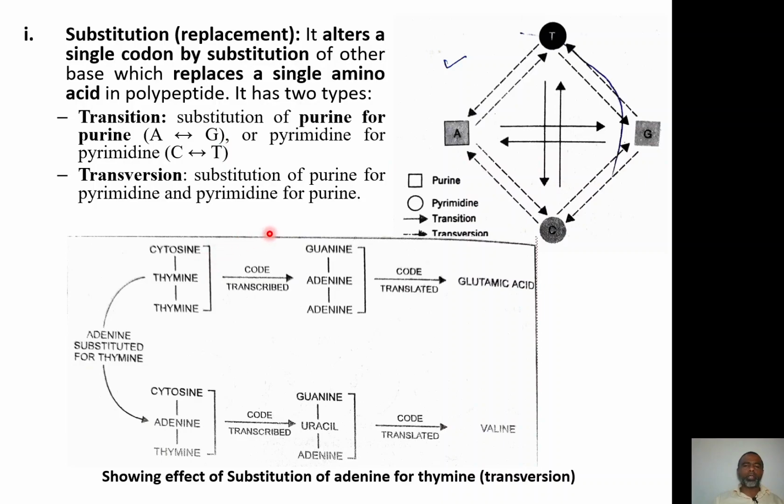Because you know the three bases of the DNA form a code, and one code means one amino acid. Why? Because DNA after transcription will form the messenger RNA. The codes of the DNA will be copied on the messenger RNA, and the code of the messenger RNA shall be translated into amino acids.